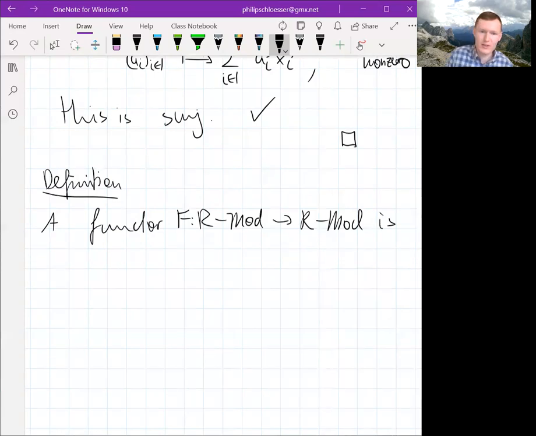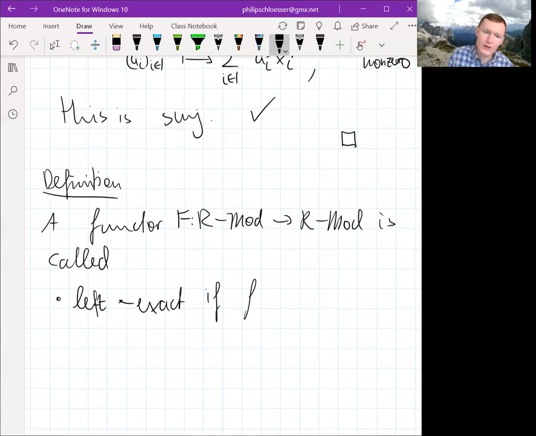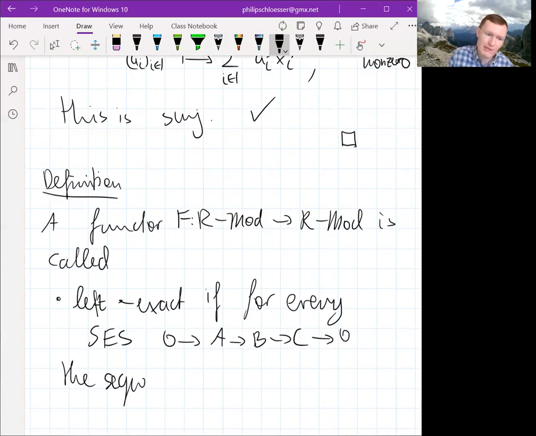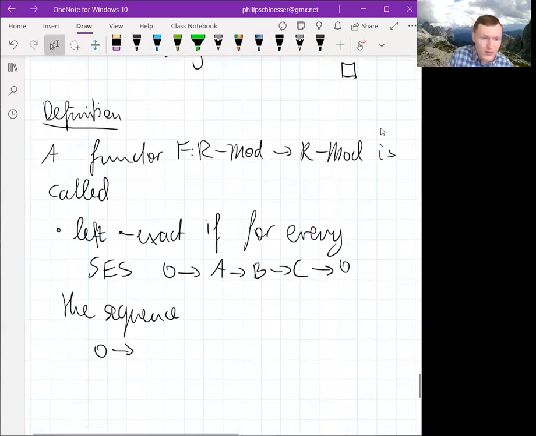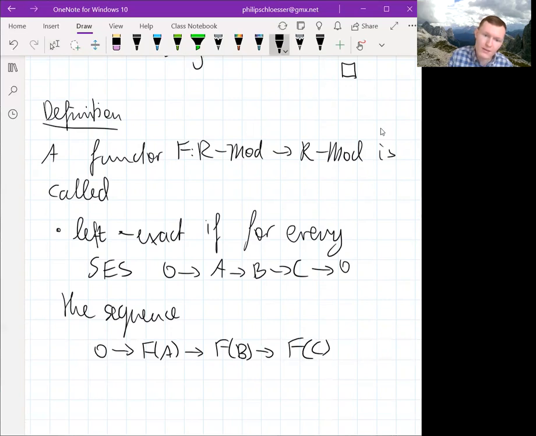So what we're defining is called left exact if for every short exact sequence 0, A, B, C, the sequence 0 to FA to FB to FC is exact.